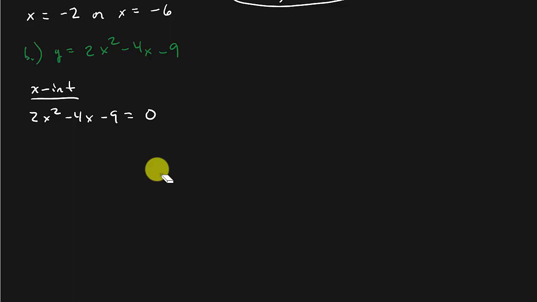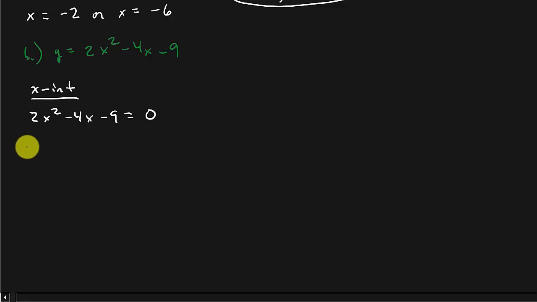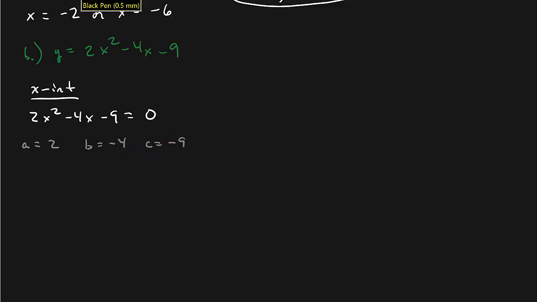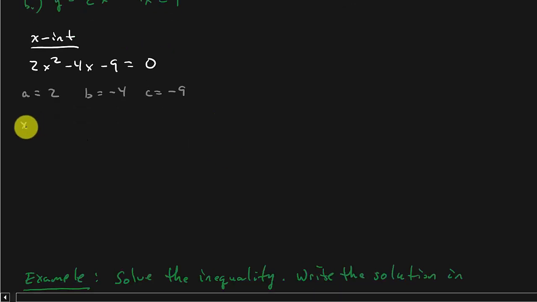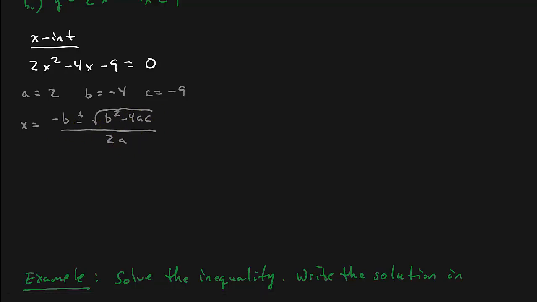Okay. Now, I guess here let's just use the quadratic formula. So we know that a is equal to 2, b is negative 4, and c is negative 9. And the quadratic formula is x equals negative b plus or minus the square root of b squared minus 4ac, all over 2a.